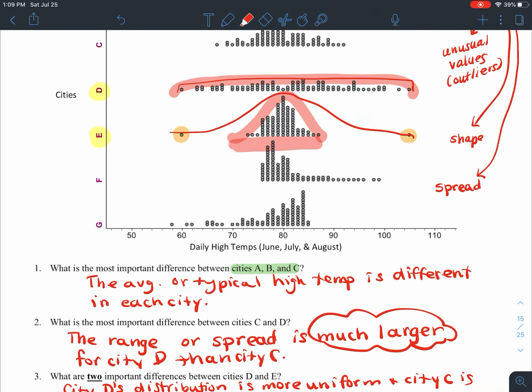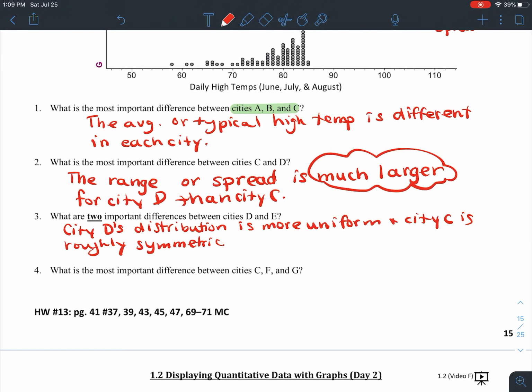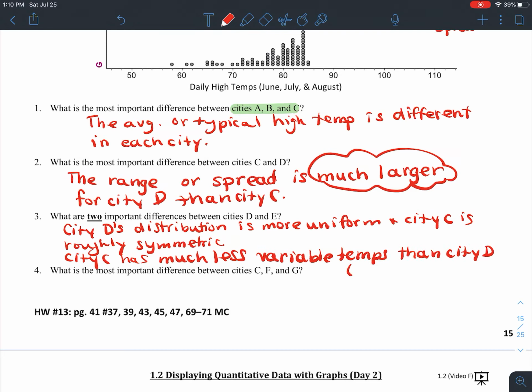Whereas I can't really say that for city D, okay? So we might just respond something like this. City C has much less variable temps than city D, and then I'm just going to make a note, excluding the outliers.